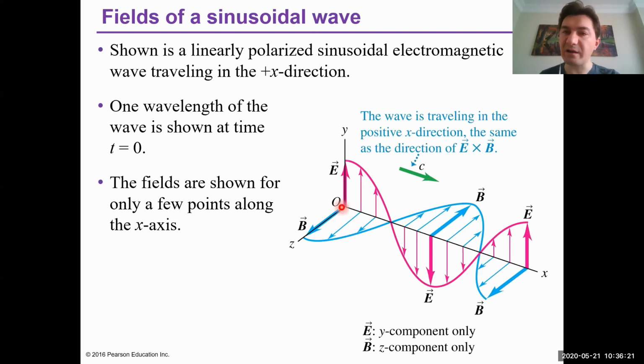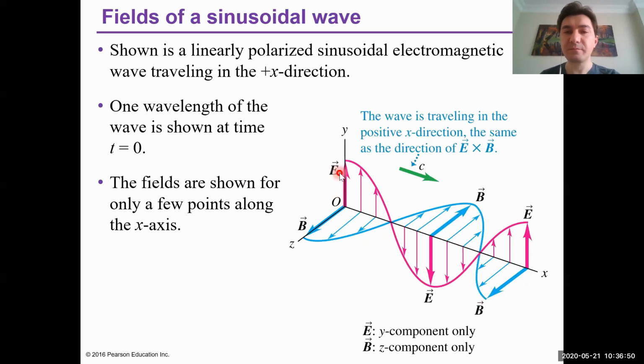In electromagnetic waves, the electric and magnetic field components are always perpendicular to each other, and they are also perpendicular to the propagation direction. But in sinusoidal electromagnetic waves, the magnetic field component is also changing with time. Its magnitude and direction change as a function of time.